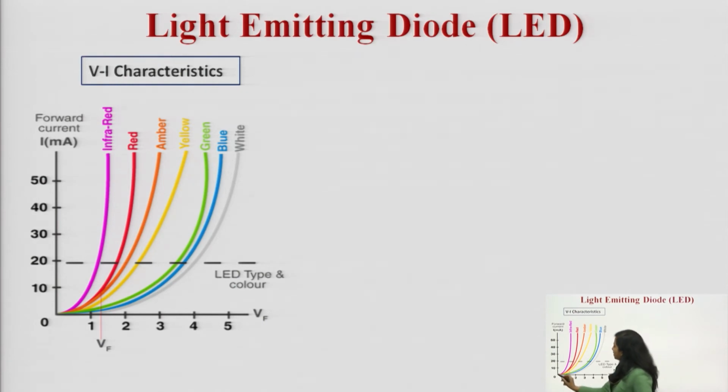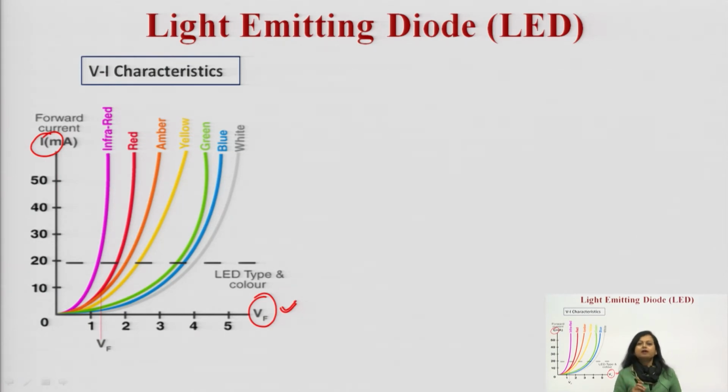Now, you can see this is the simple characteristic of the conventional one. On the x-axis, voltage is being taken. On the y-axis, the current is being taken. Forward voltage, current. Because of this applied voltage, whatever current is flowing, you are going to plot in this particular manner. So what have you observed? Initially, when you increase the forward voltage, what will happen?